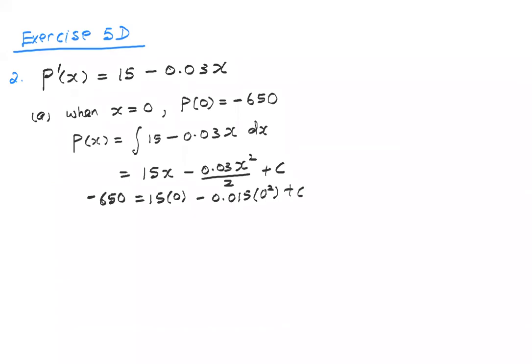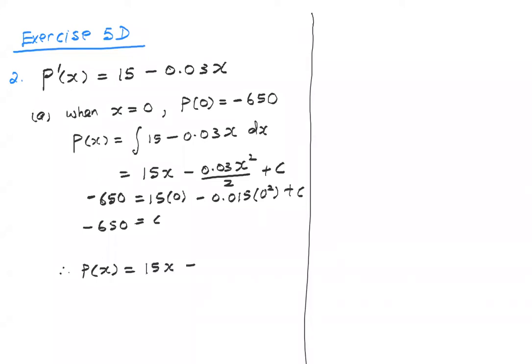Every time, please substitute. Don't assume that. Okay, so your c is negative 650. So therefore, the profit function is equal to 15x minus 0.015x squared minus 650. Okay, dollars per week. The rate is dollars per week.